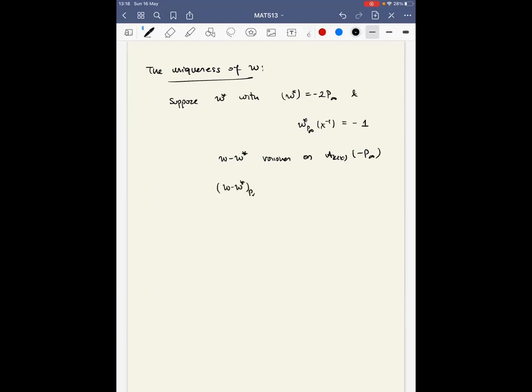So that means the local component of omega minus omega star at p infinity is 0, and by proposition 178 part P, if this difference is identically 0, which shows that omega minus omega star is also identically 0, and this shows us the uniqueness of such a Weil differential.